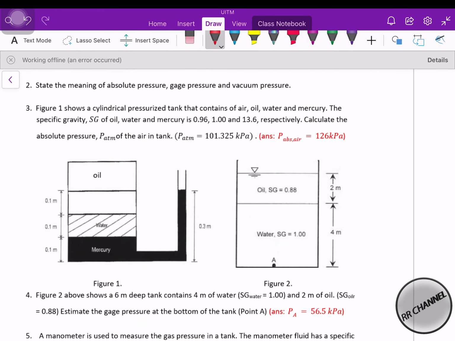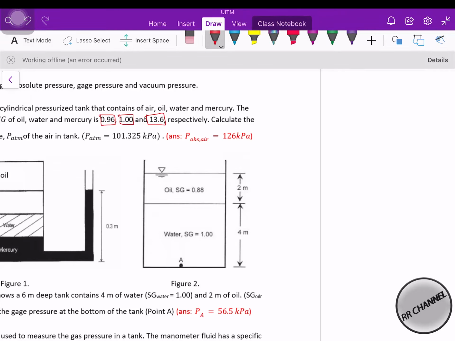Okay, so the first one mentioned is the specific gravity. This one is for oil, this one is for water, and this one is for mercury. Jot down your specific gravity here.